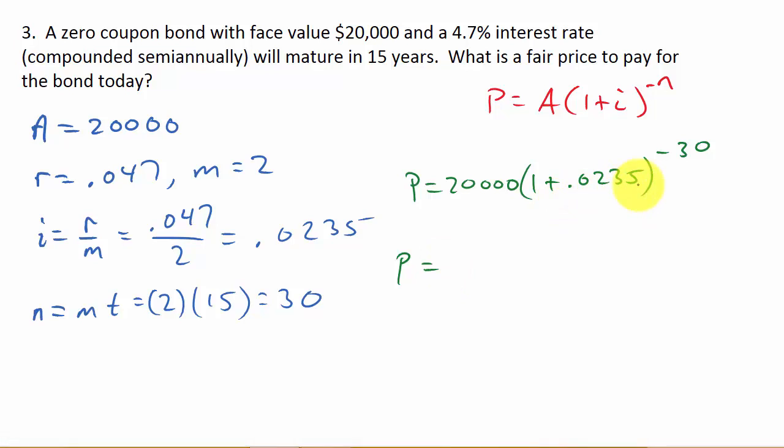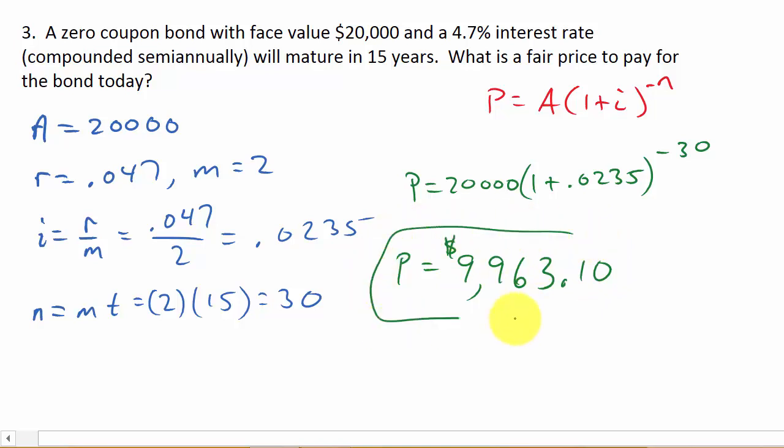Raise that to the negative 30, hit equals, times the 20,000. And that would be $9,963.10. That's how much we would have to put in today to have this amount in 15 years at 4.7% compounded semi-annually.